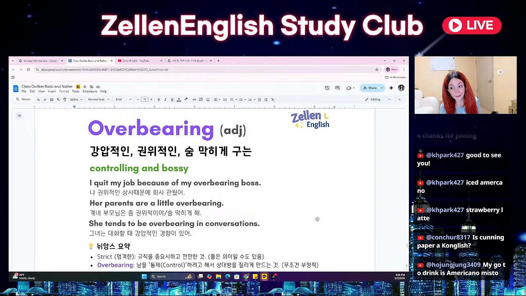Next, overbearing. So somebody who's overbearing is just too much, right? Oftentimes it's used for a boss or someone's parents, and oftentimes it's because they're always trying to control a situation.